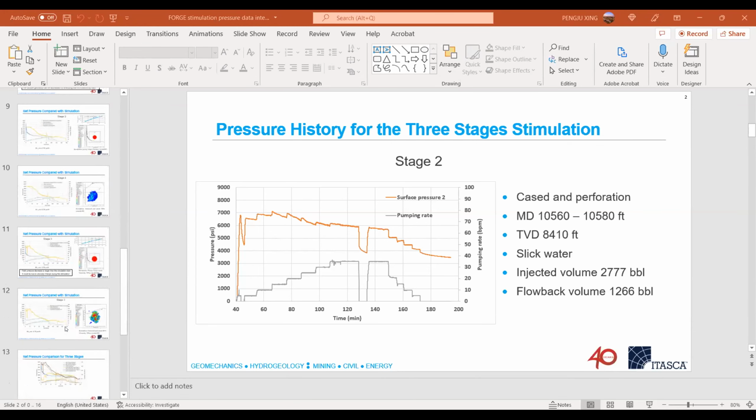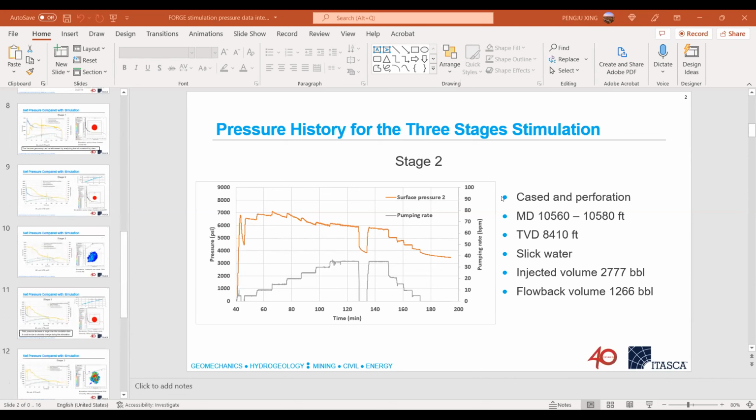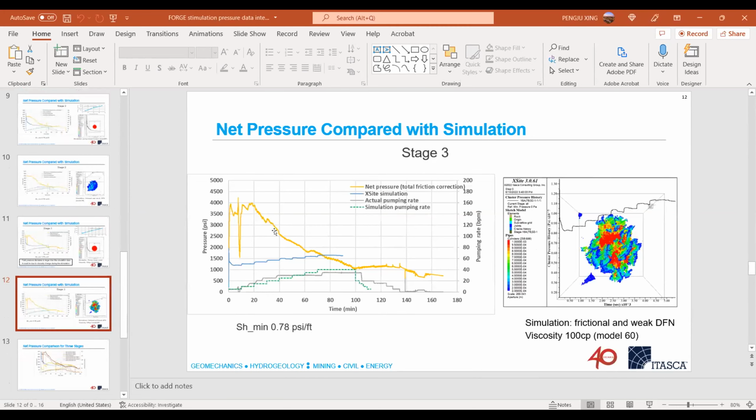Yeah, so for the simulation, in the previous simulations, we did not consider thermal effect of the fracture propagation, but there's possible influence in stage 3 because in stage 3 we use cross-link gel.